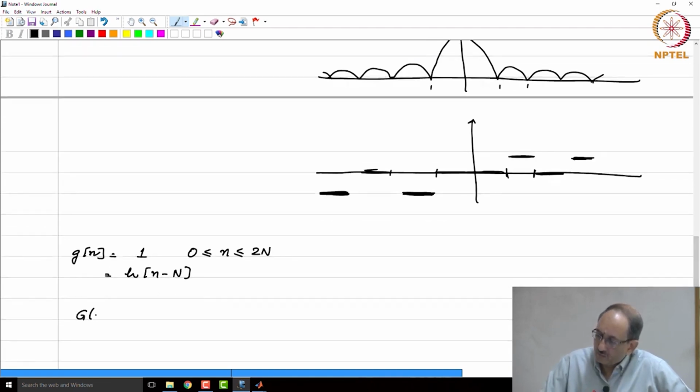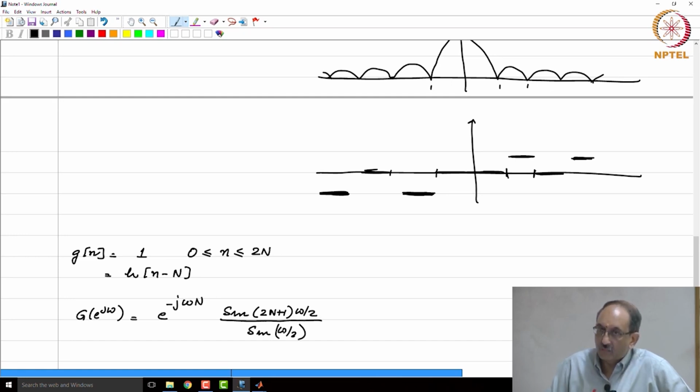And now you can easily see that the frequency response G of e to the j omega is, using the delay property, e to the minus j omega N, sine of (2N plus 1) omega by 2 divided by sine of omega by 2.